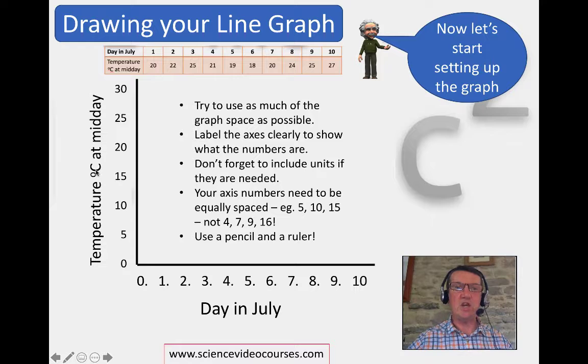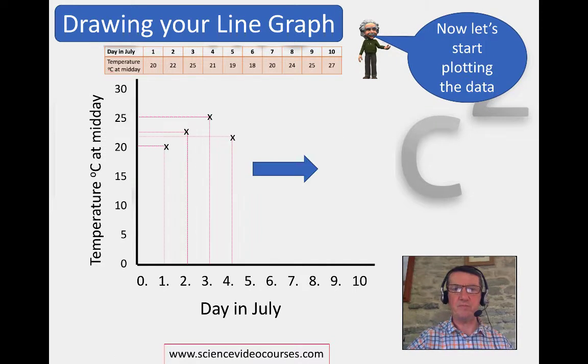Axis numbers need to be equally spaced: 5, 10, 15, 20, not going up 4, 7, 9, 16. Keep them regular, equally spaced. And most importantly, use a sharp pencil and a ruler. Very important. Now we can start plotting the data.